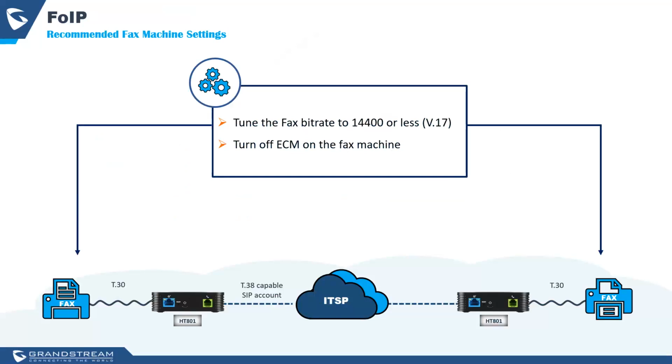The second option is ECM, which stands for error correction mode, and it is a fax method that checks the integrity of the received data. The way this feature works is that the sending fax machine will include a checksum for each block of data that needs to be verified by the receiving fax machine.